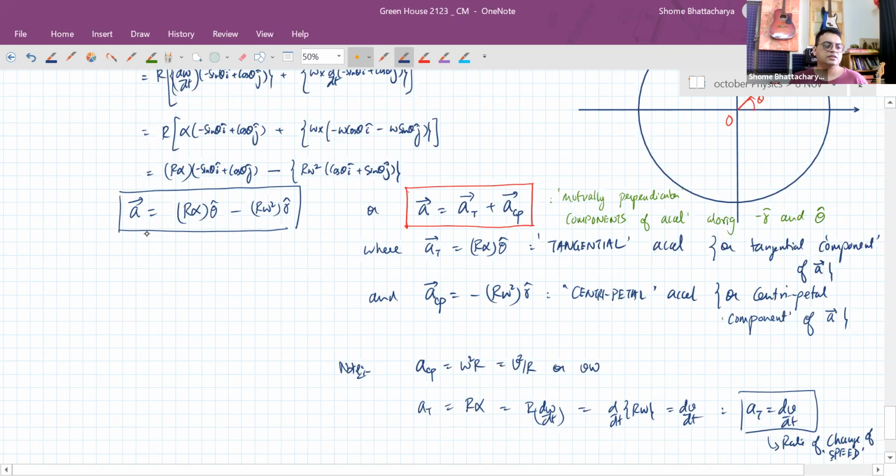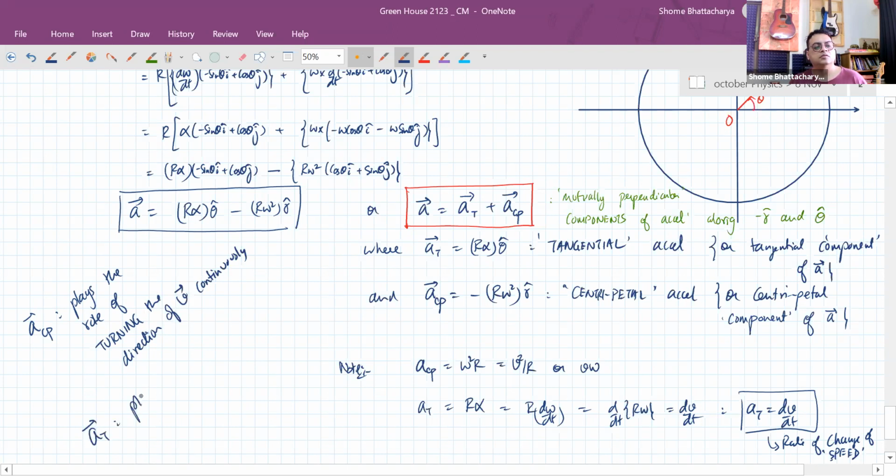So in general, what we understand here is that centripetal acceleration plays the role of turning the direction of the velocity vector continuously, whereas the tangential acceleration plays the role of changing the magnitude of speed in a non-uniform circular motion.